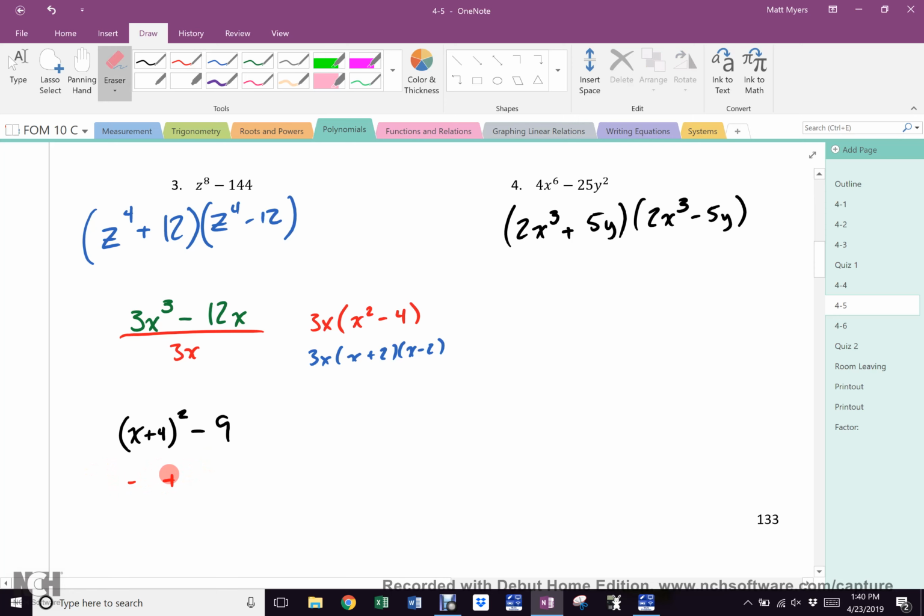No. Okay. See, that's what I mean. I told you what you could do with this. This is ugly, right? What are you allowed to do? You're allowed to make it pretty. What if I told you A equaled x plus 4? How would you rewrite this? A squared minus 9, right? Which would become what?